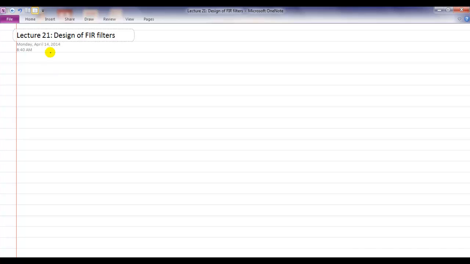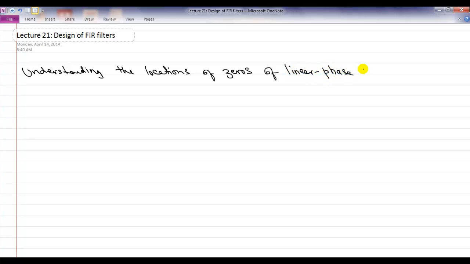So today we want to understand what are the requirements for the zeros of FIR filters if we do want a linear phase. So the goal is understanding the locations of zeros of linear phase FIR filters.